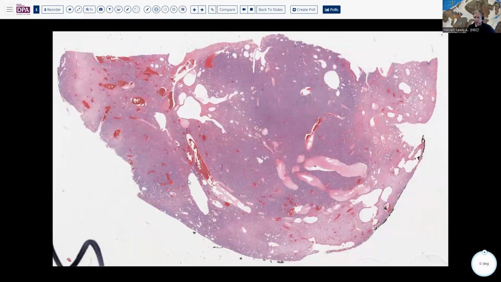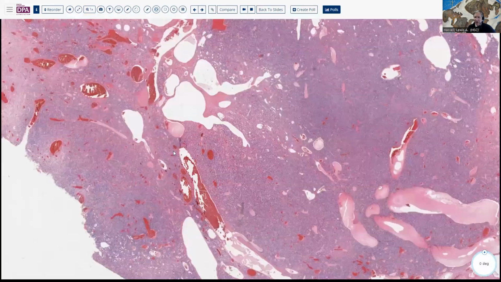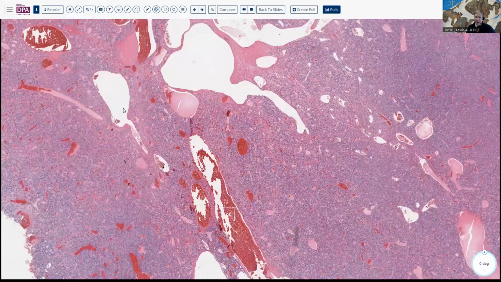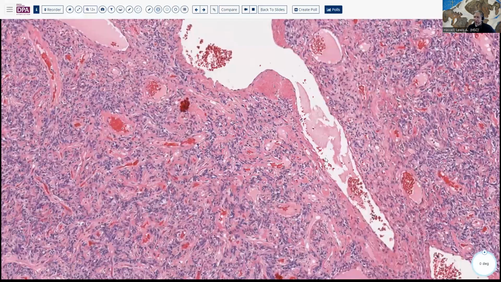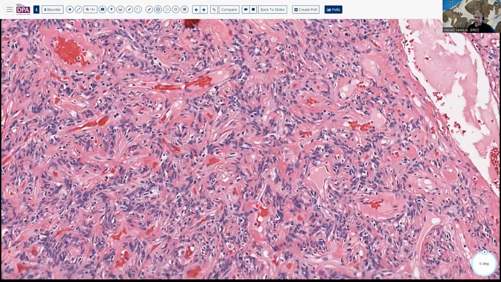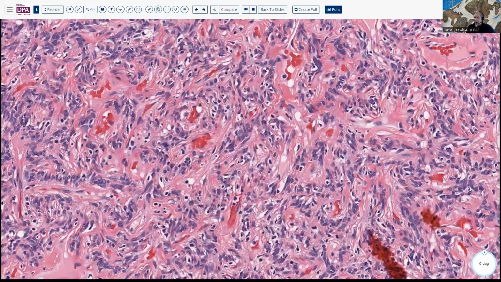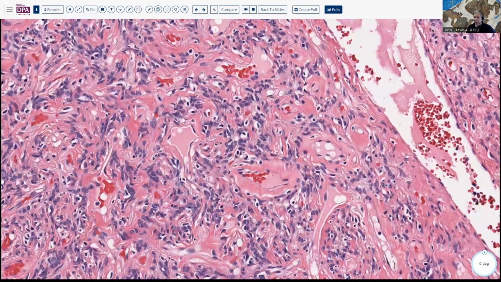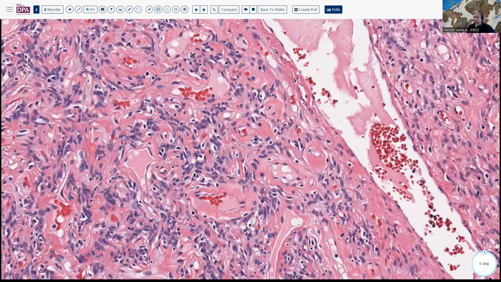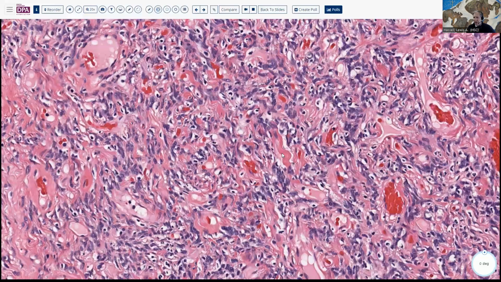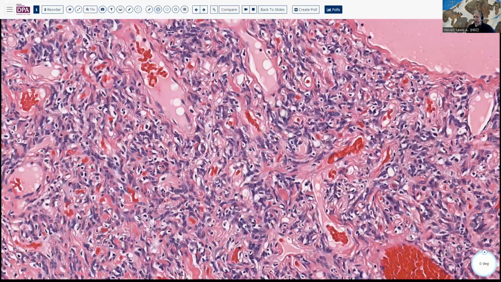Here's again a lesion with very large ectatic vessels. You can see here. These are the hemangiopericytoma-like vessels. And here we begin to see some of the other features that are often associated with this, which is this twisted rope-like collagen fibrils. So they tend to be wavy and somewhat twisted together. Here you see the sort of ropey pattern collagen in this lesion.